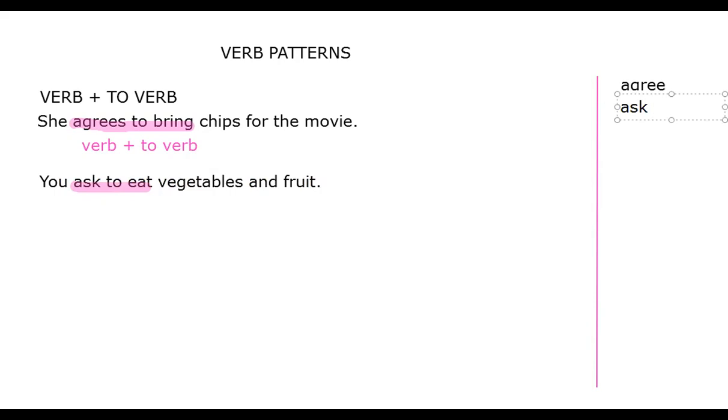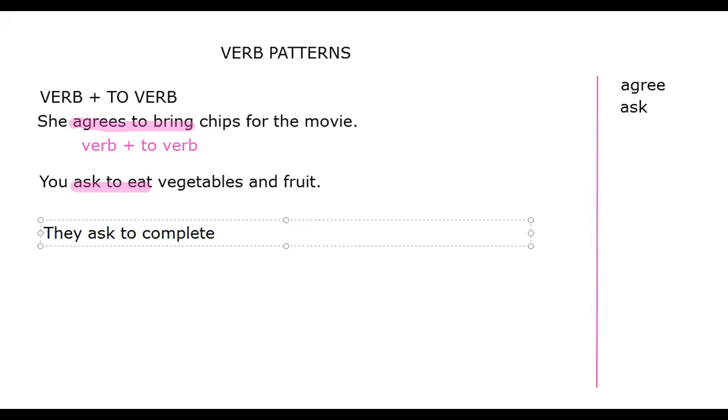They ask to complete all the exercise. Sorry, they want.